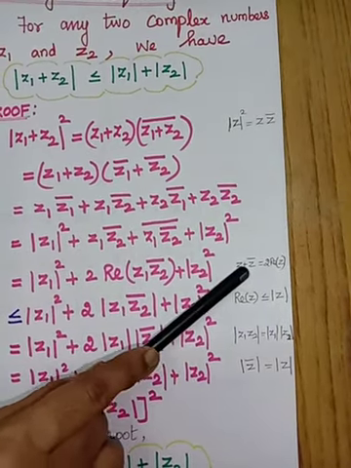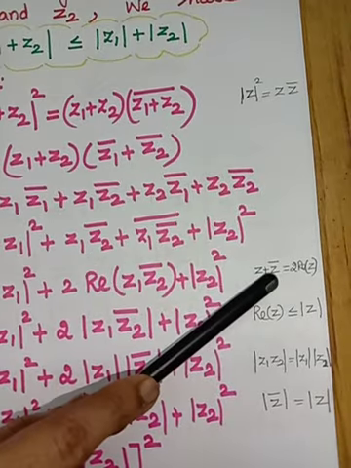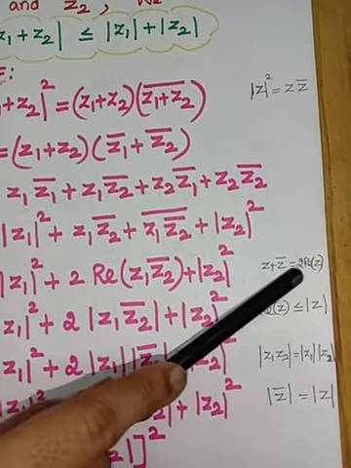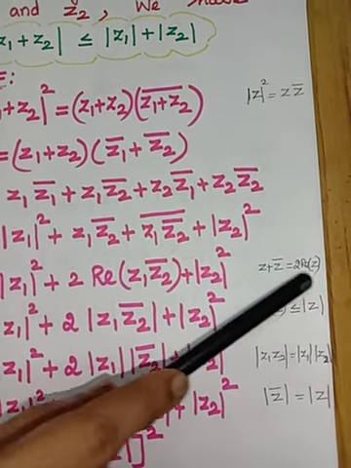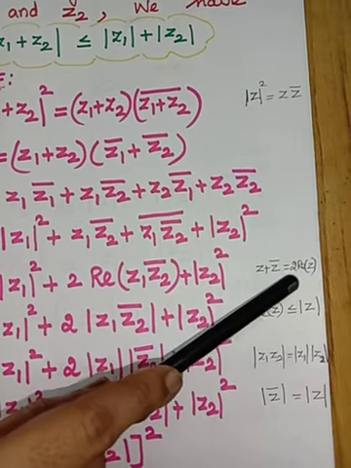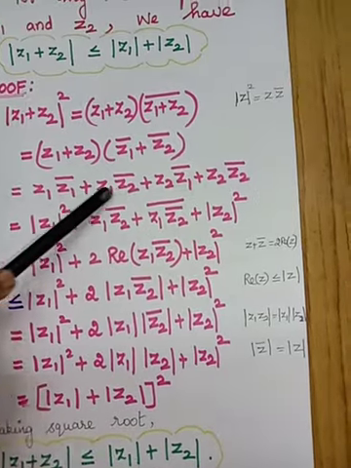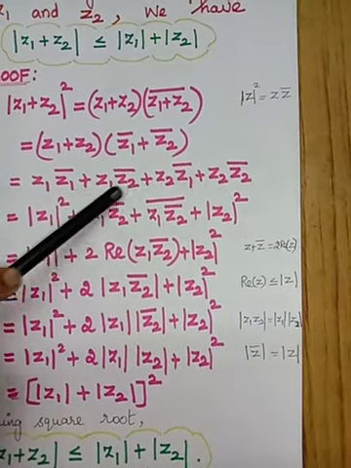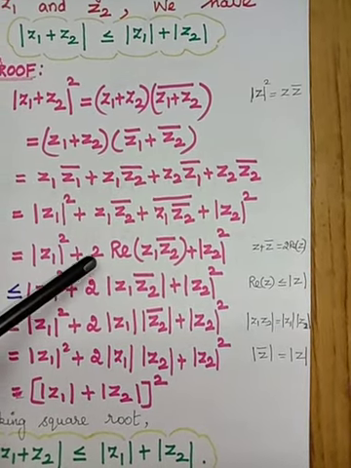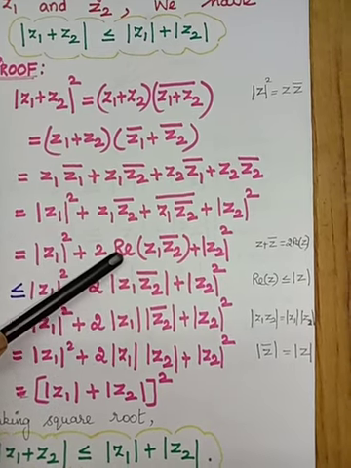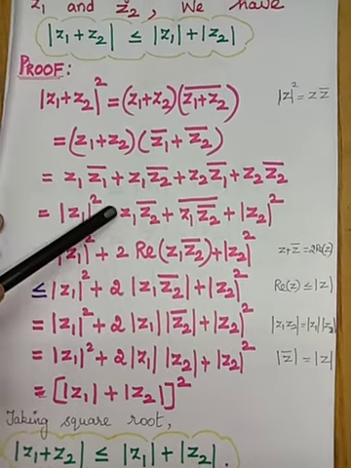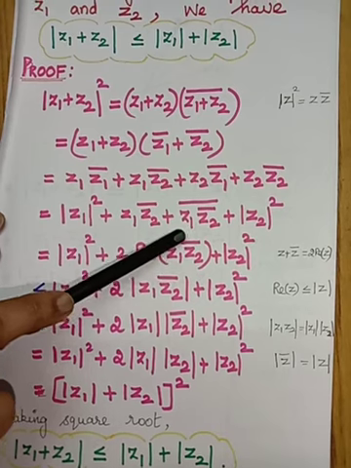In the formula, z plus z bar is equal to 2 real part of z. So the second term plus the third term is 2 into real part of z1 z2 bar.